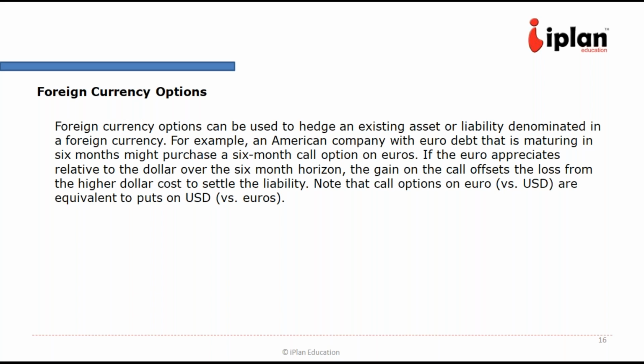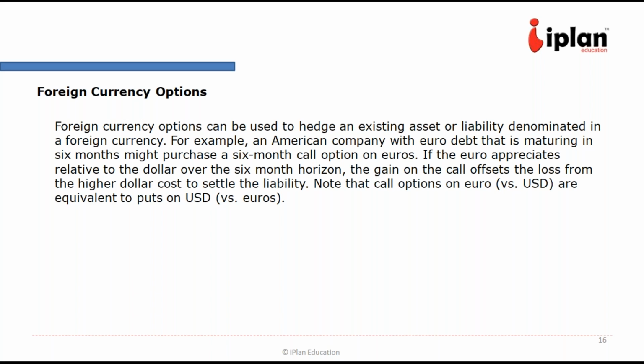Okay, so what we do is we go for a 6 months call option. So if you believe the price will go down and you have problems, and if you believe that the price will go up, so in that situation what will happen is your currency will become stronger. So that is good to pay the debt because you have to pay a lesser amount to pay the debt.